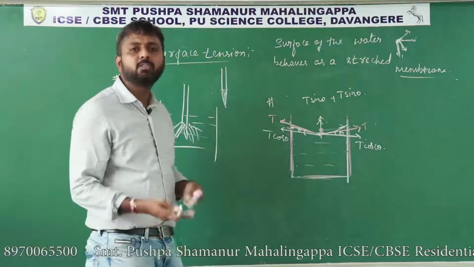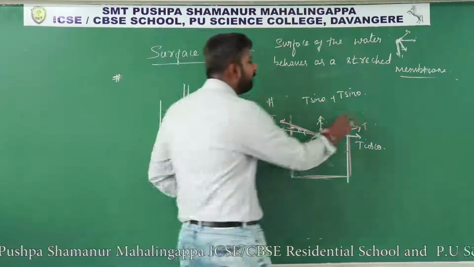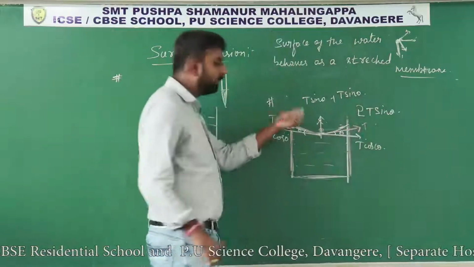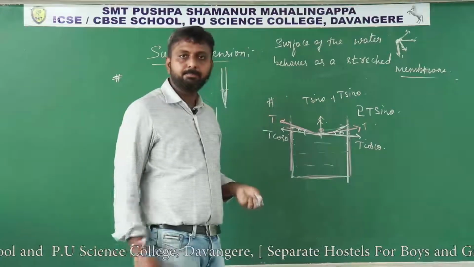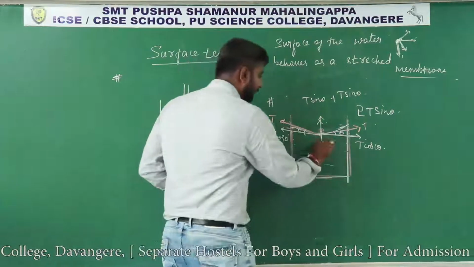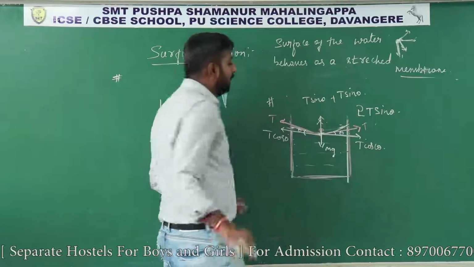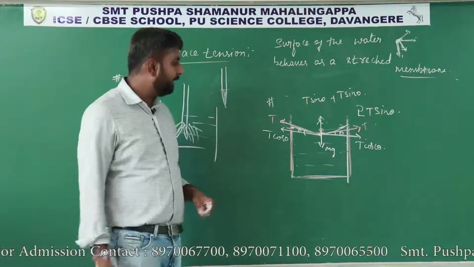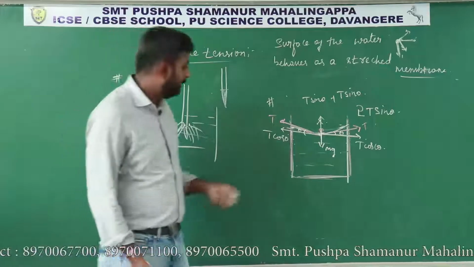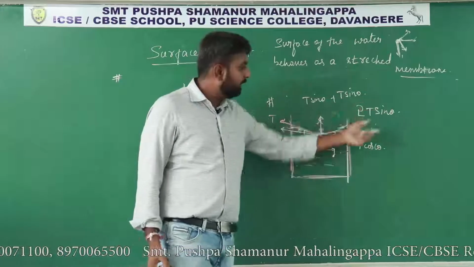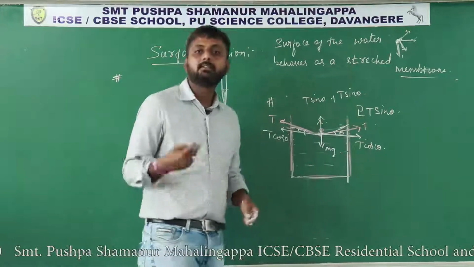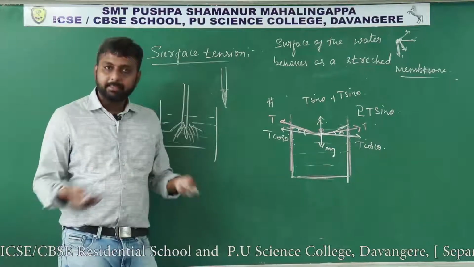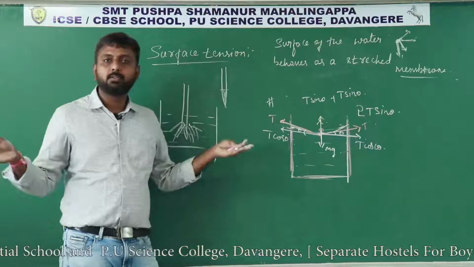Then how much is the net force acting in the upward direction? The net force acting in the upward direction is 2T sin theta. And the needle has some weight, right? That weight is acting downward. It is floating, it is still on the surface of the water, so definitely the weight of the needle, mg, is balanced by 2T sin theta. If there is no surface tension, there will be no tangential force.